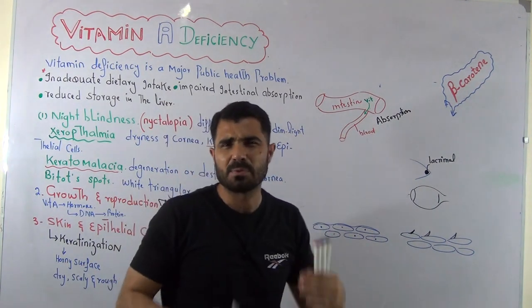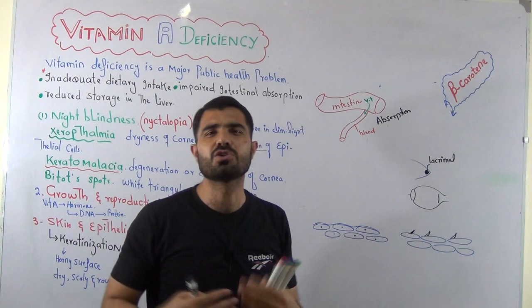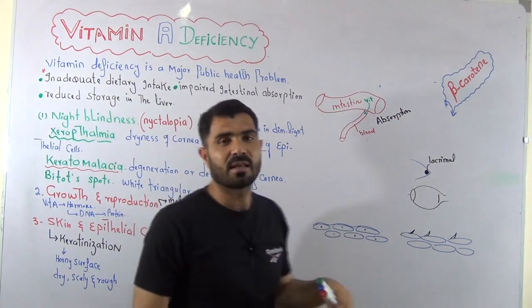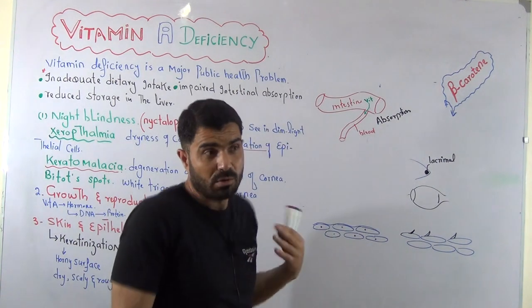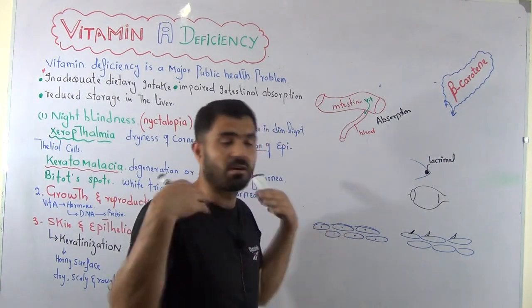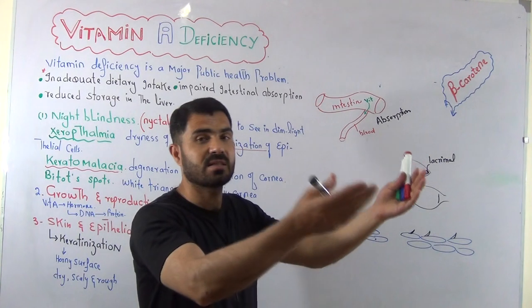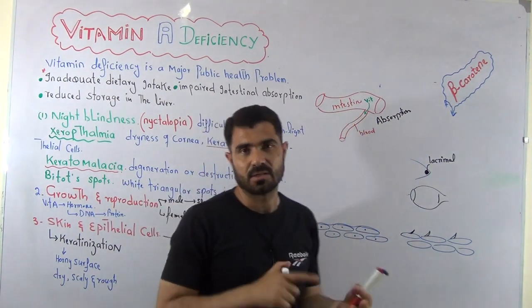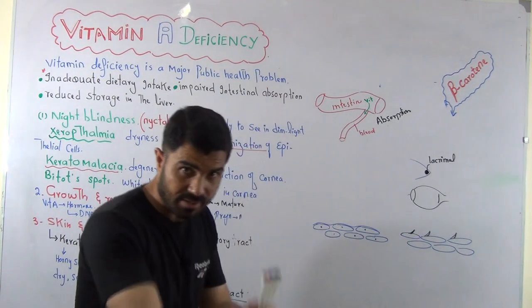They have vitamin absorption issues all the time. So in this kind of person, vitamin A cannot be absorbed into the blood. Although the person is rich, has a lot of vitamin sources and is taking these, from the intestine it is not entering into the blood. So this is the second reason.